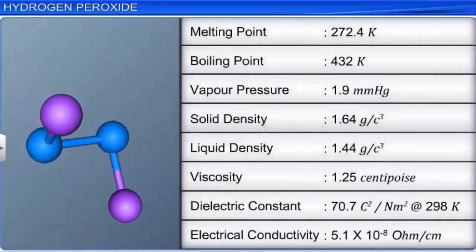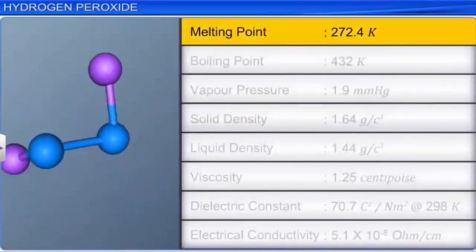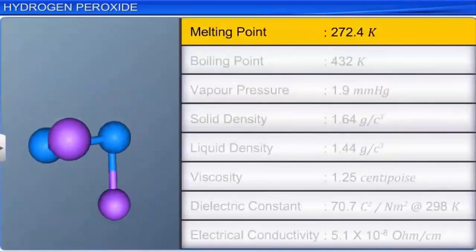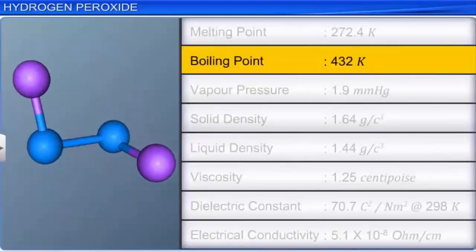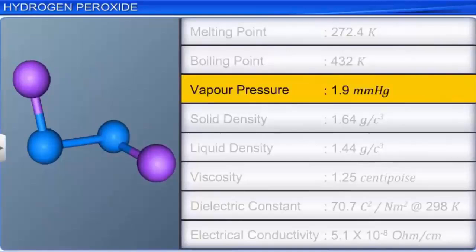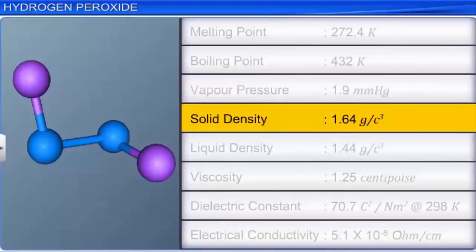It has a melting point of 272.4 Kelvin, a boiling point of 432 Kelvin, a vapor pressure of 1.9 millimeters Hg, a solid density of 1.64 gram per cubic centimeter, and a liquid density of 1.44 gram per cubic centimeter.